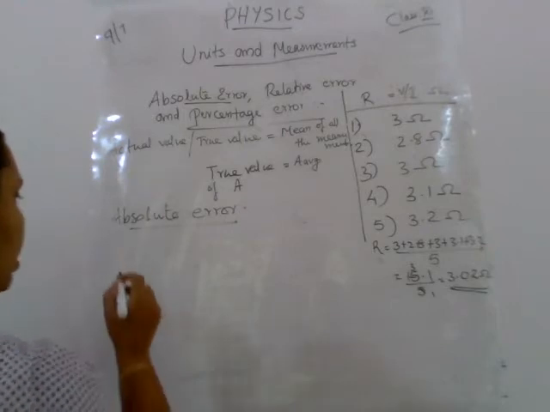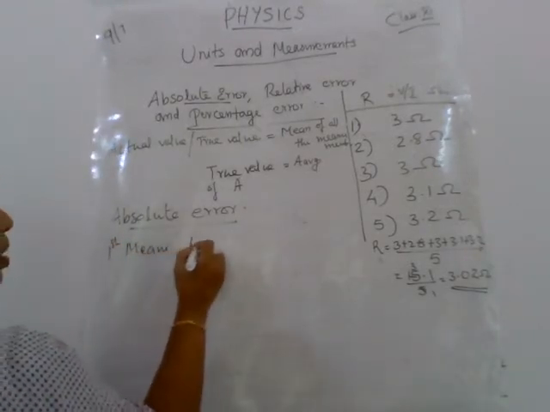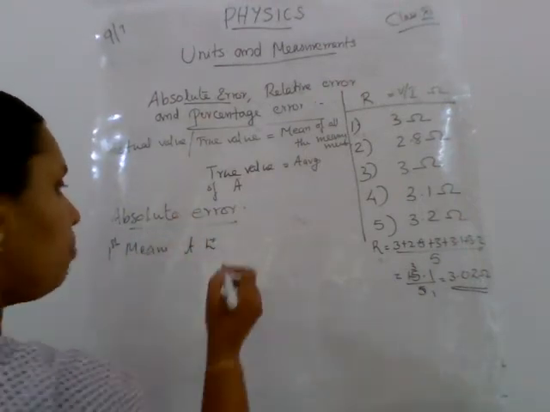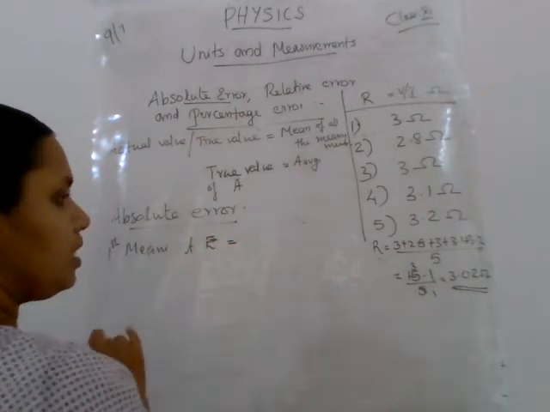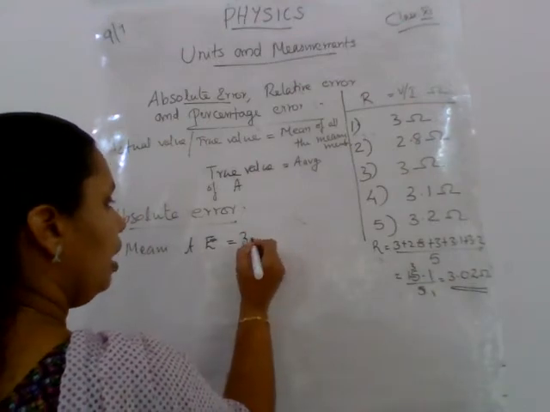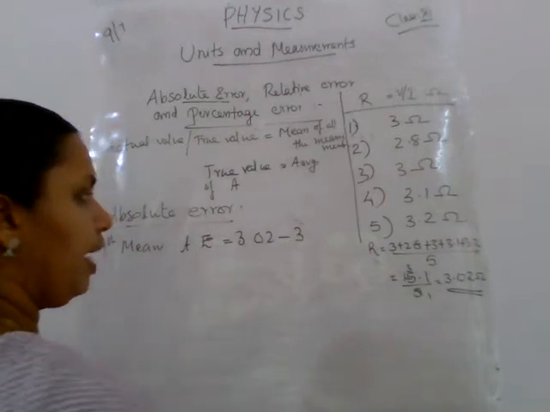So in the first measurement, absolute error, I am writing it as A. A stands for absolute error. In the first measurement, absolute error is equal to true value, 3.02, minus measured value.